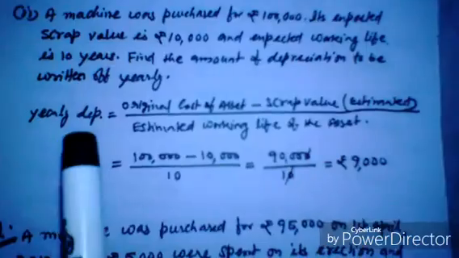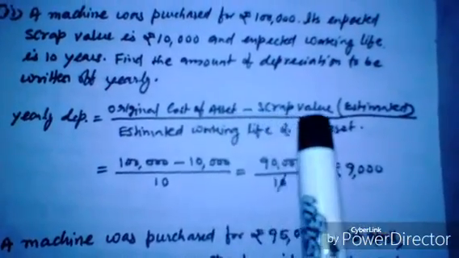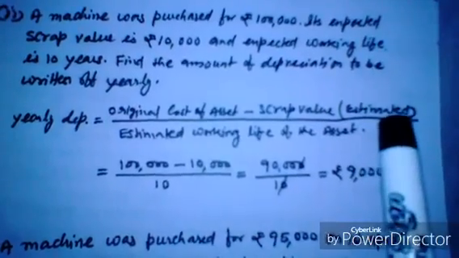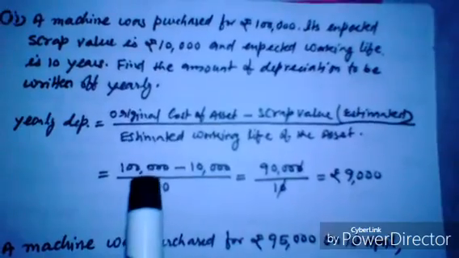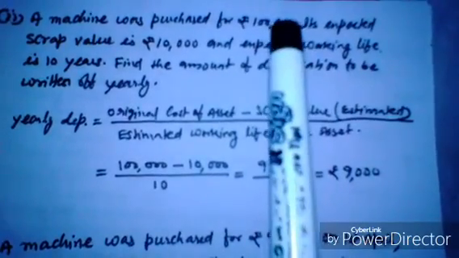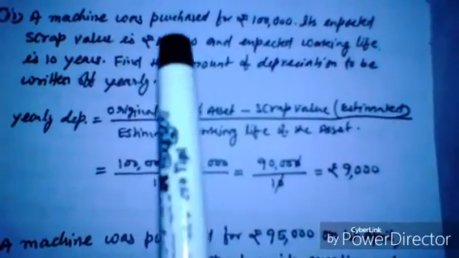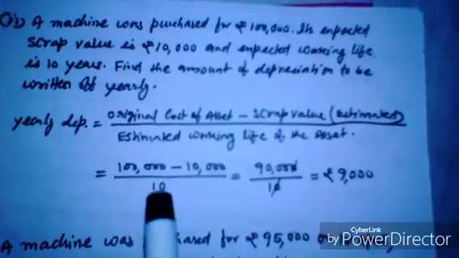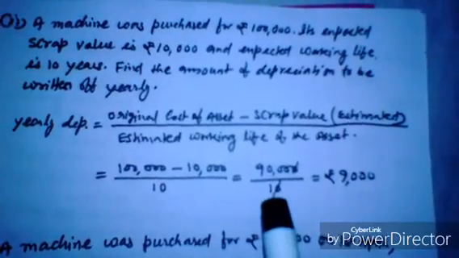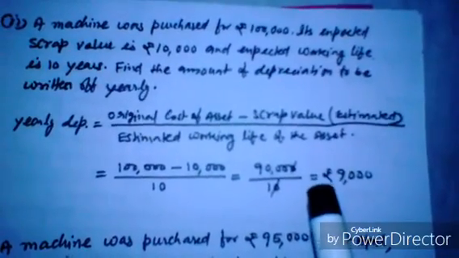So here is the formula: yearly depreciation is equal to original cost of asset minus estimated scrap value, divided by estimated working life of the asset. So the value is 100,000, this machine's value, minus scrap value 10,000, divided by 10 years, the number of years. So it will be 90,000 divided by 10. So the yearly depreciation will be rupees 9,000.